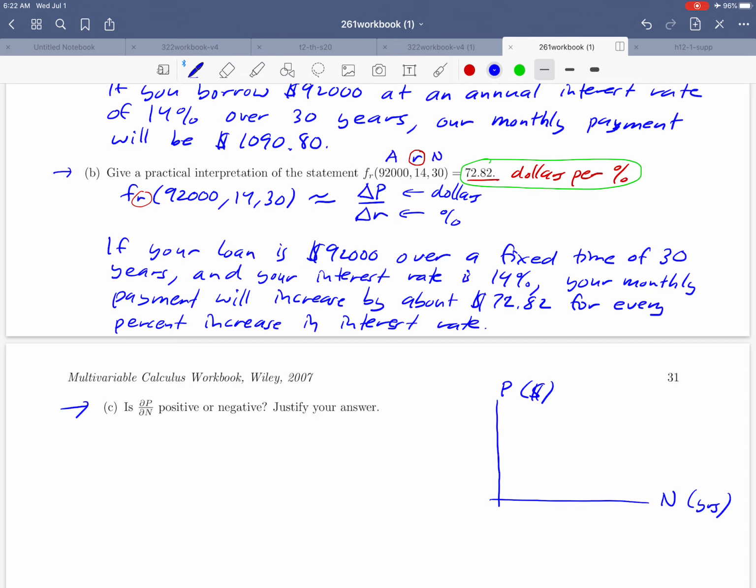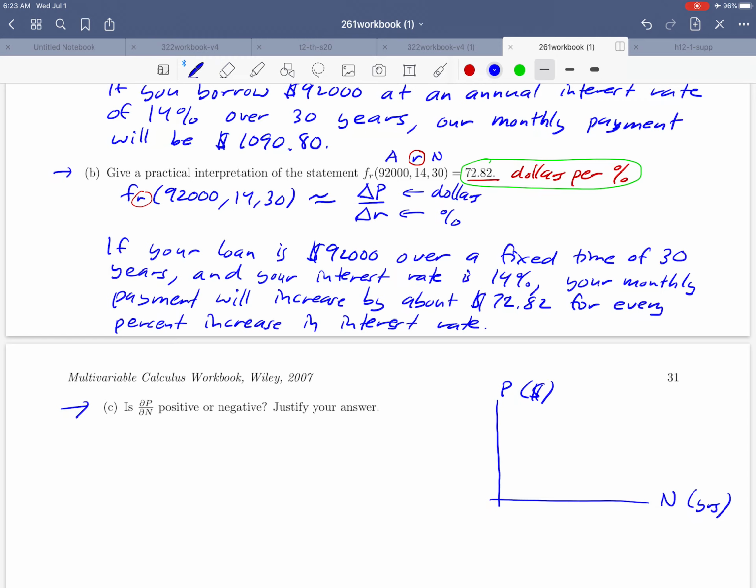To answer this question, think about the following situation. If you borrow $92,000 for a house, in what situation is your monthly payment going to be the biggest, if your loan is 15 years long or 30 years long?